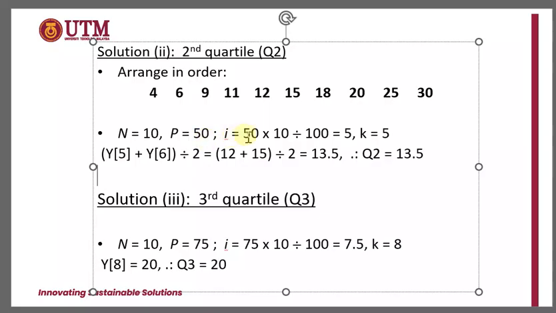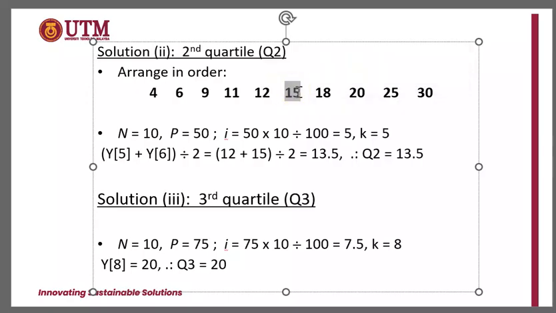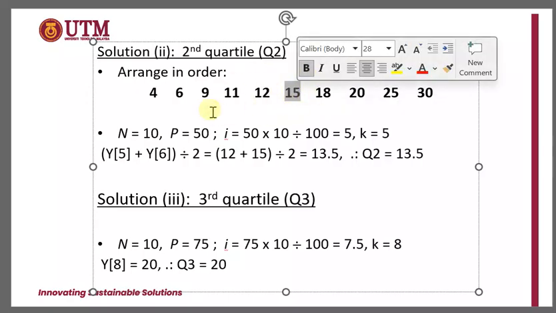K is 50 times 10 divided by 100, equal to 5. So K is 5, that means 12. But 12 is not in the middle of the data set. Why? Because the numbers that we have are even. We have 10 numbers, an even number. So we have to link the other number in the higher position, the number in the sixth position.